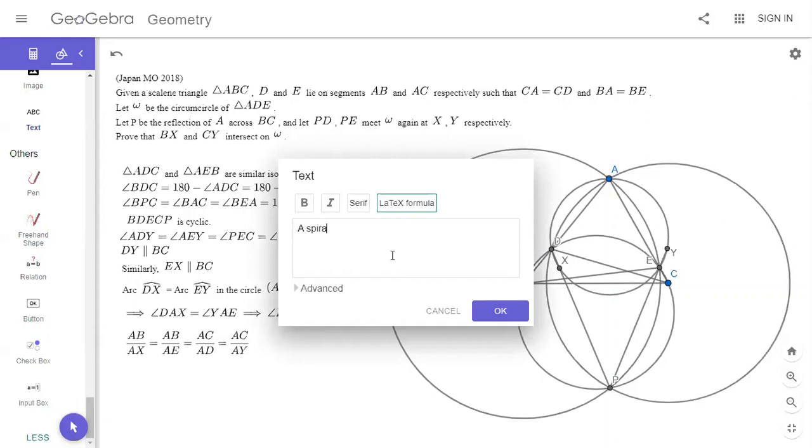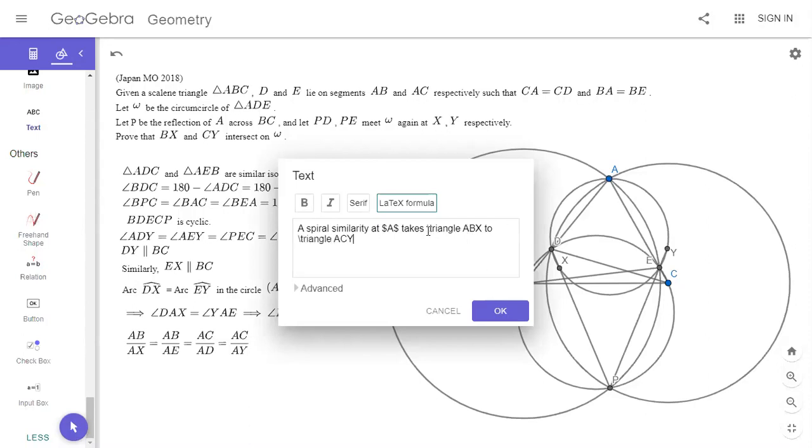So I'll just say a spiral similarity of A takes triangle ABX to triangle ACY.